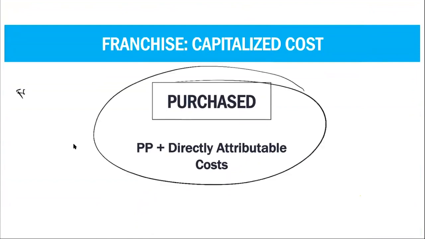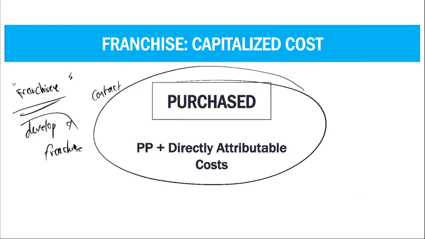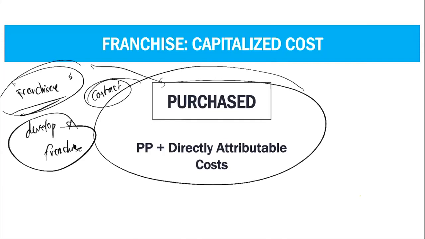Because you are accounting here as the franchisee. Being the franchisee, take note guys, you cannot develop a franchise. You cannot develop a franchise because it is based on a contract. Therefore, the franchisee can only purchase it through the contract. Okay?